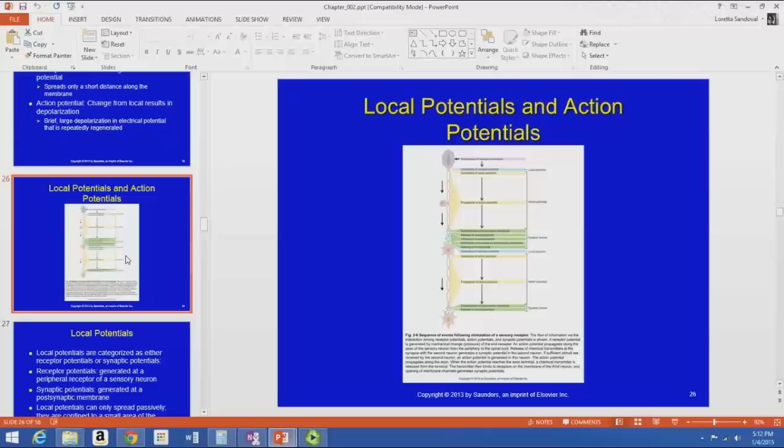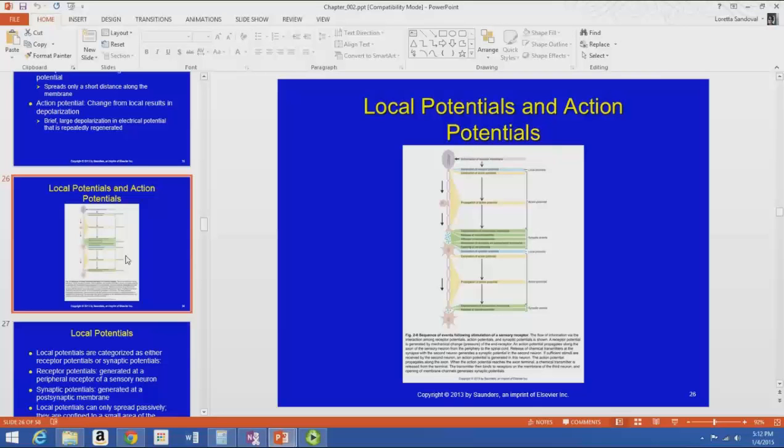It's a local potential. If somebody touched you so lightly that you couldn't feel it, it would create a local potential. But if they touched you a little bit harder so you can feel it, that's going to generate the action potential. So that action potential is propagated down the dendrite, down the axon to the presynaptic membrane.